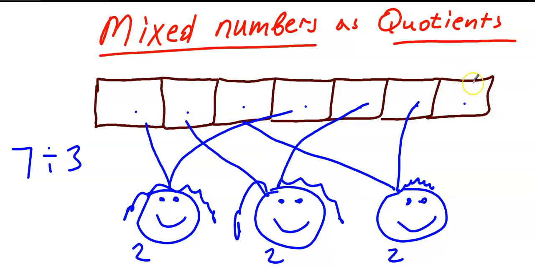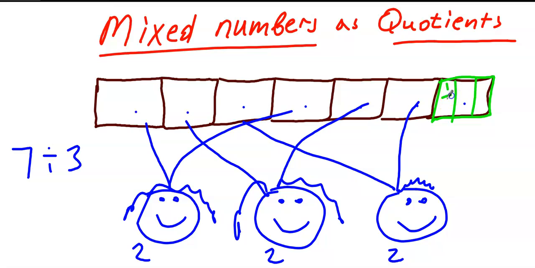What do we do with that? Well, if we take 1 whole piece and give it to one person, the other 2 are going to be sad. So we want to split that whole piece evenly among 3 people. So take that piece and split it into 3 equal parts.